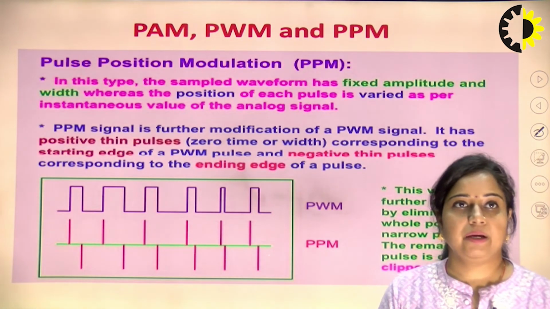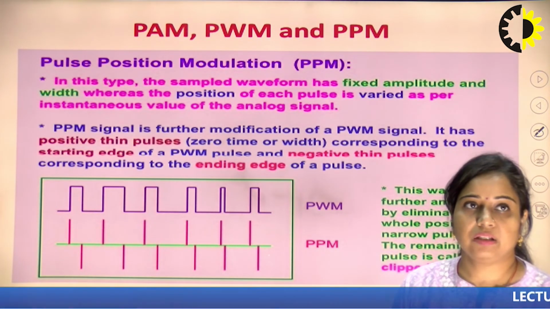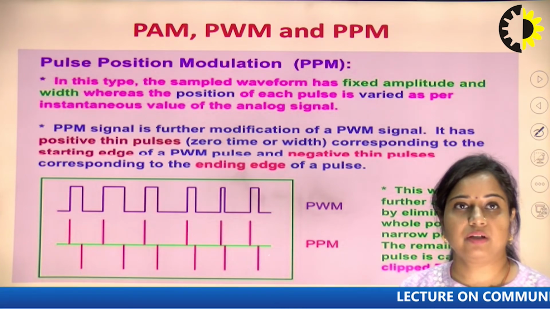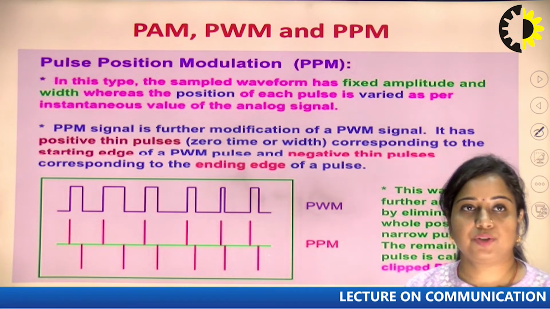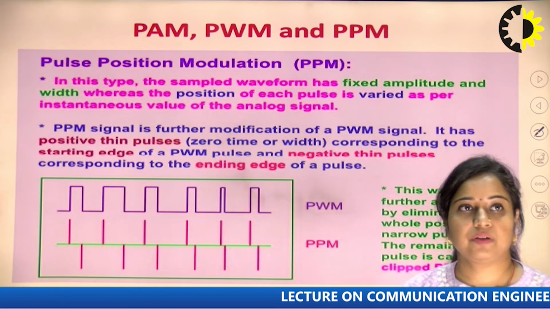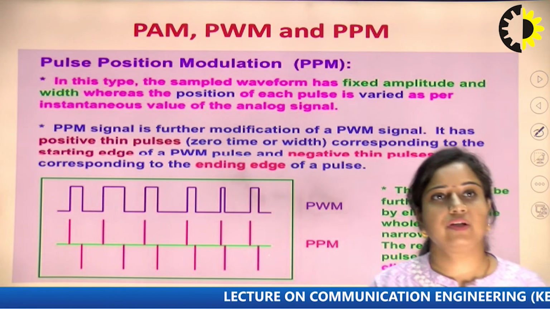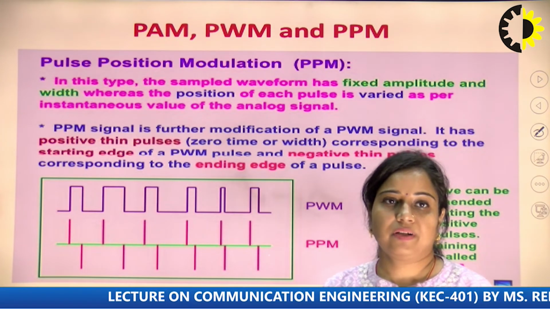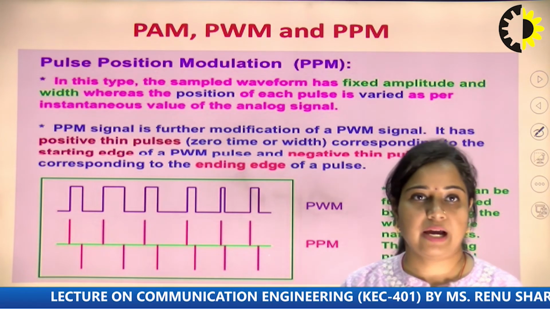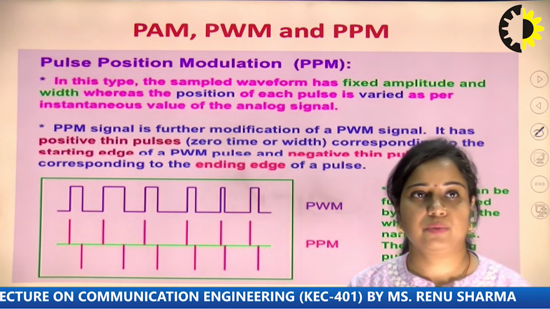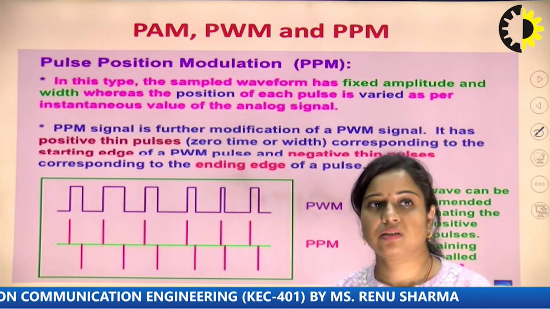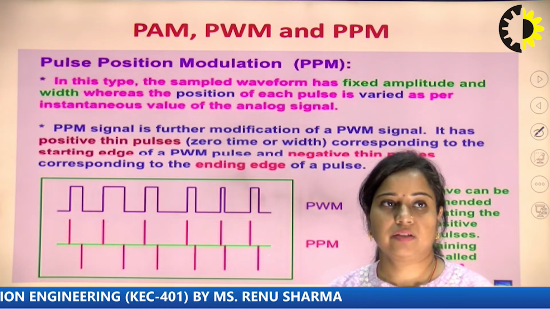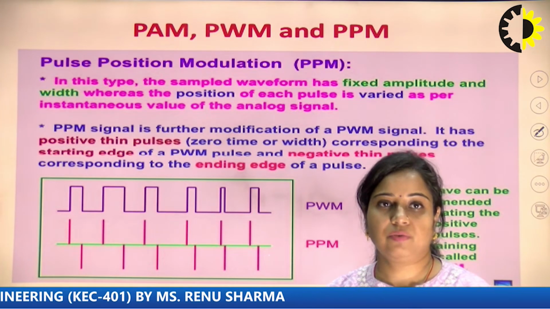So, in PAM, PWM and PPM, in this type the sample waveform has fixed amplitude and width, whereas the position of each pulse is varied as per the instantaneous value of the analog signal. As far as we have seen in amplitude modulation, phase and frequency modulation, 2 of the parameters are set fixed and only one parameter will be changed.